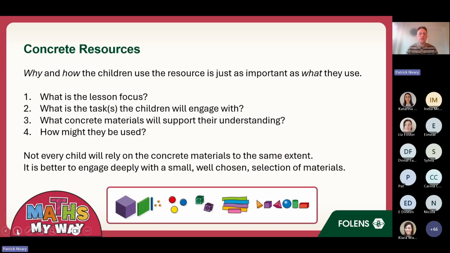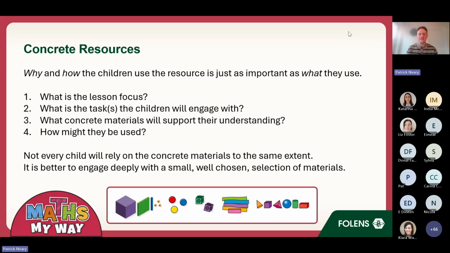When you're using them, why and how the children use the resources is just as important as what they use. I've done this myself, and I still see myself doing it sometimes in September: thinking, what resources do I need? Or thinking that if I just get the right resources, everything will fall into place. But it's not just about what resource you have.